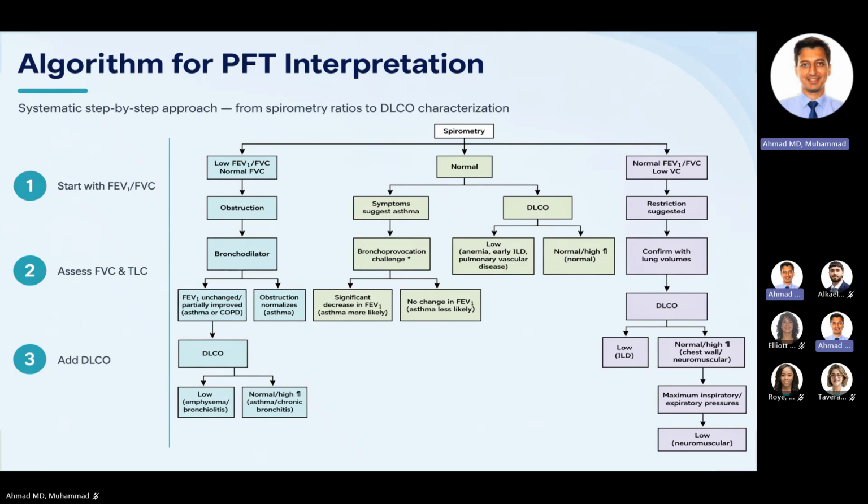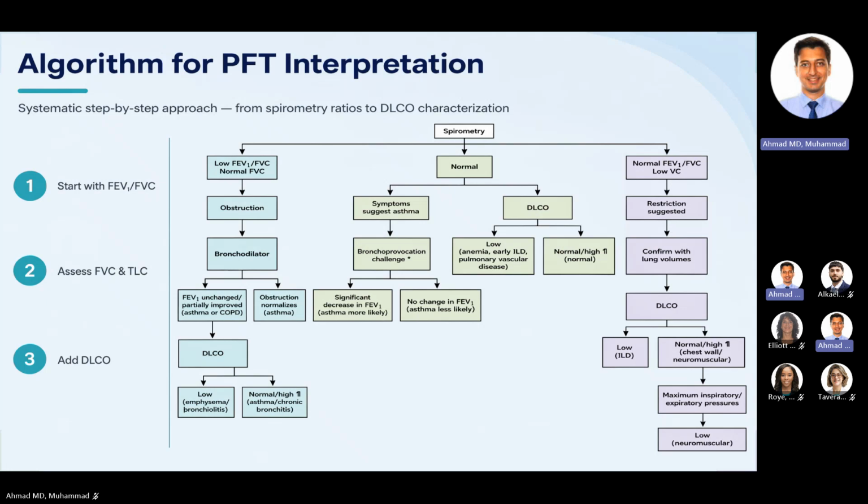So this is a step-by-step approach to evaluate dyspnea with spirometry. On the light green, if you have on spirometry a low FEV1 FVC ratio and a normal FVC, that constitutes obstruction.